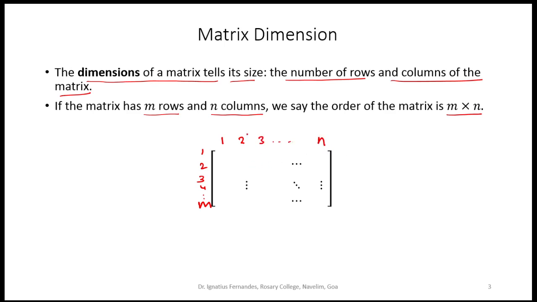So an m by n matrix will look something like this, in which there will be m rows and n columns, and there will be numbers here like this. Each row and each column will have numbers. So if the dimension of the matrix is m by n, we say m by n here, something like this. And there will be an arrangement of numbers in each of these positions.